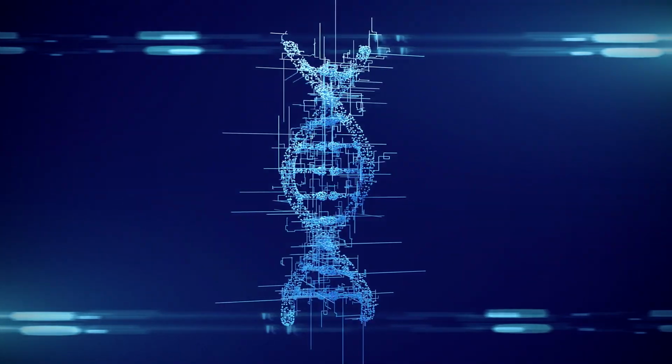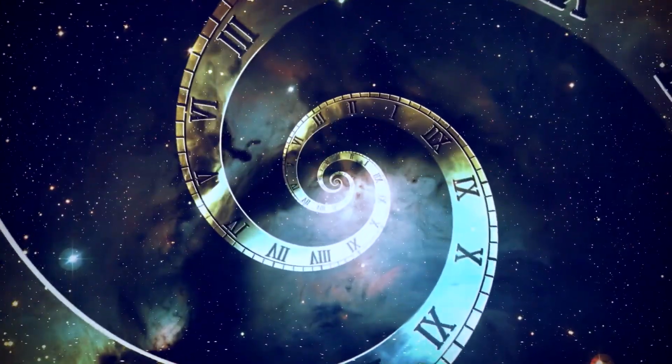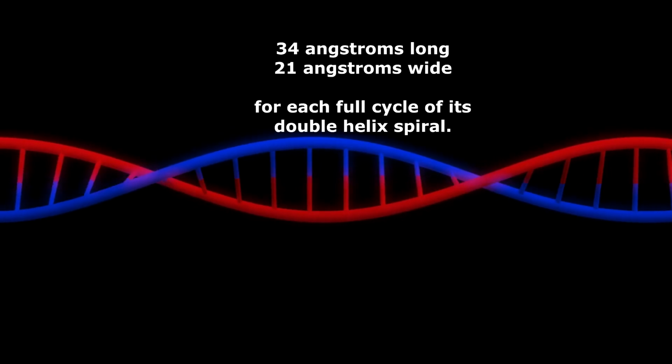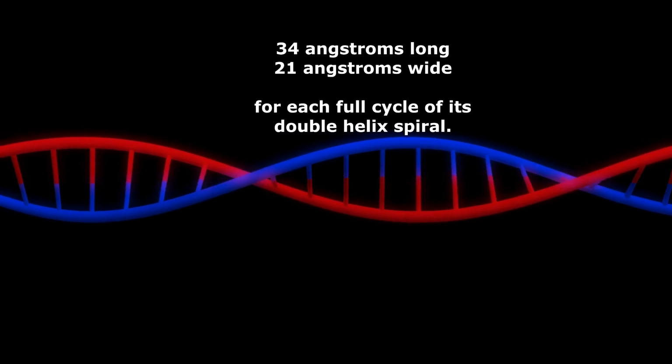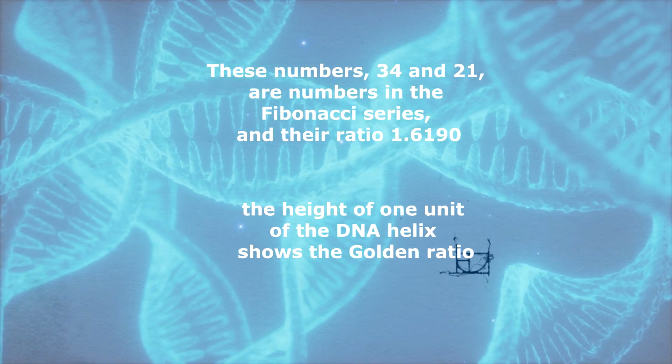The double helix structure of DNA exhibits dimensions connected to Fibonacci numbers, with one full twist measuring roughly 34 angstroms and a width of about 21 angstroms, both Fibonacci numbers.